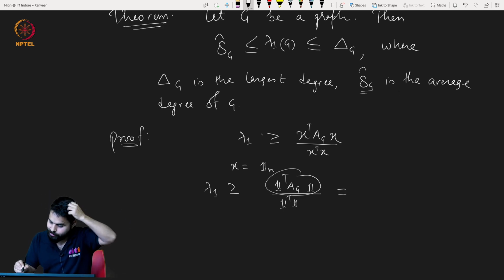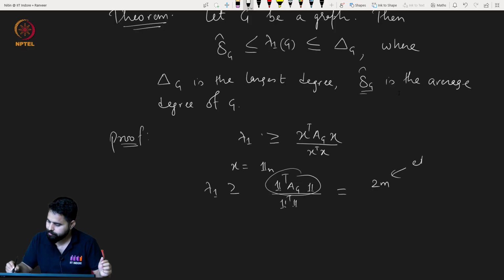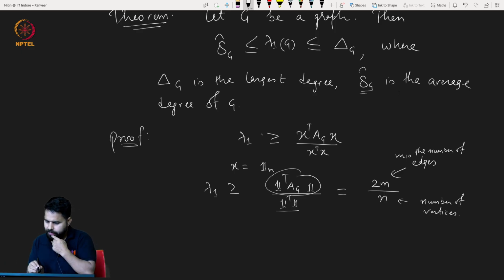So this is equal to 2m, where m is the number of edges, divided by n, the number of vertices.